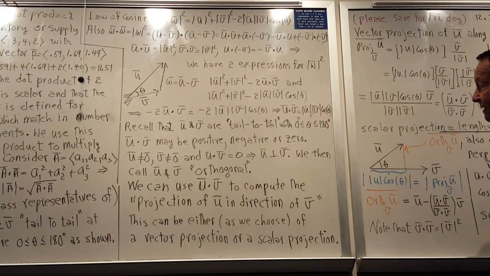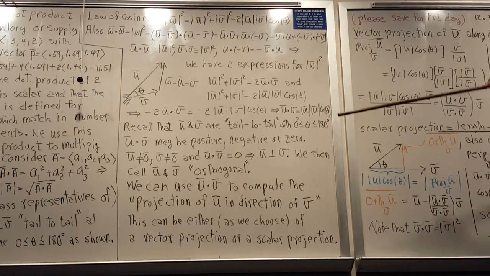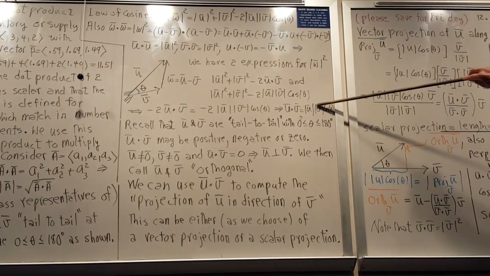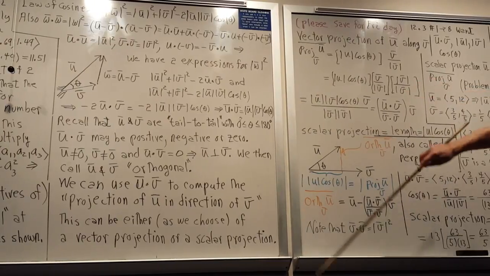So the dot product is the product of the magnitudes times the cosine of the angle between the vectors.